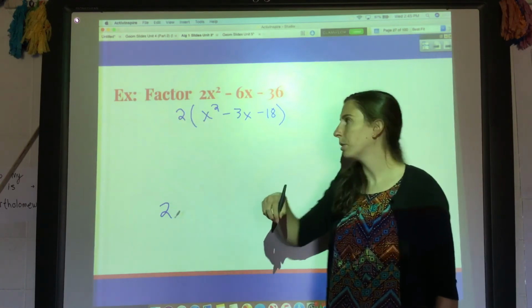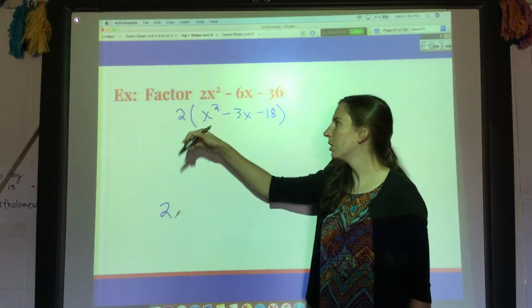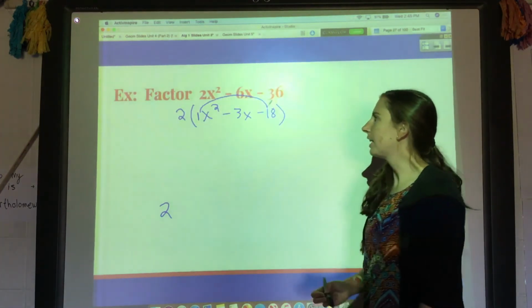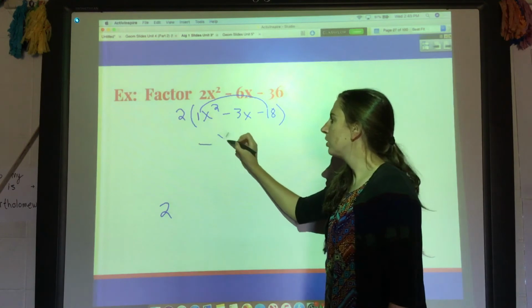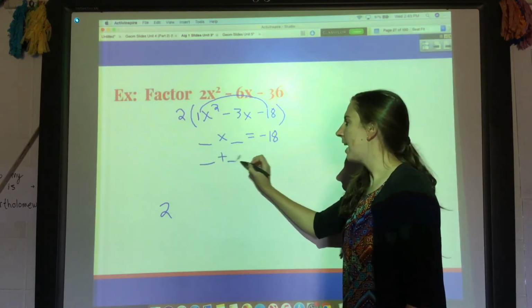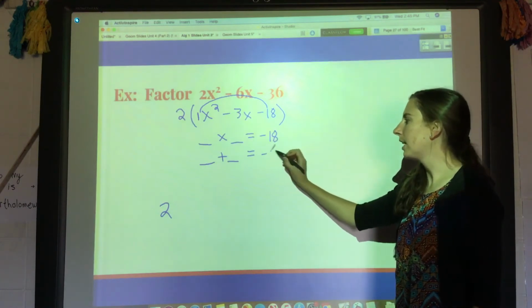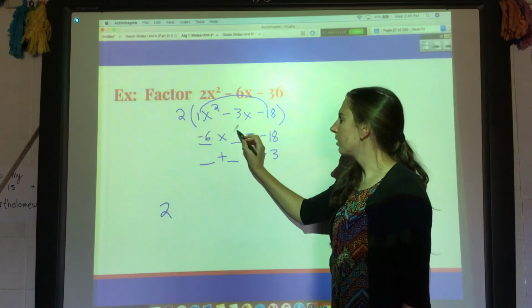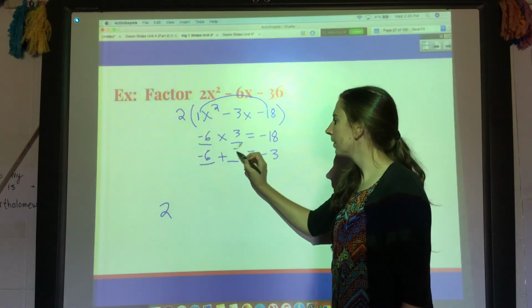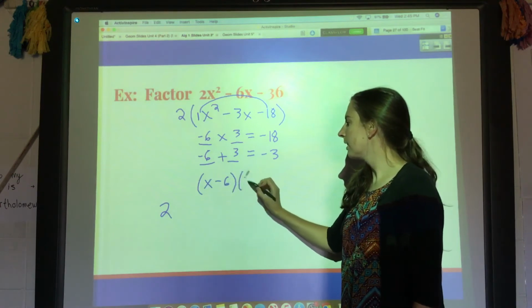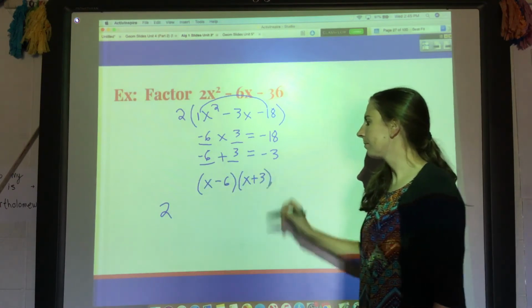So when I do rainbow method, I'm not including the 2. I'm just going to be looking at this 1 here times the negative 18. And so I want two numbers that multiply to be negative 18 and add to be negative 3. Negative 6 and 3 will work. So that gives me x minus 6 and x plus 3.